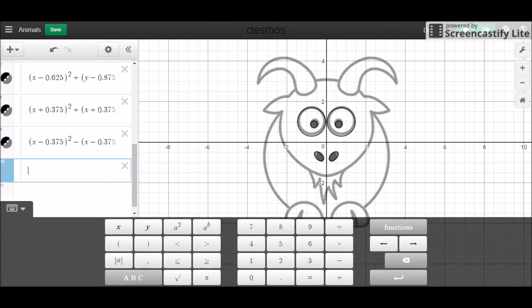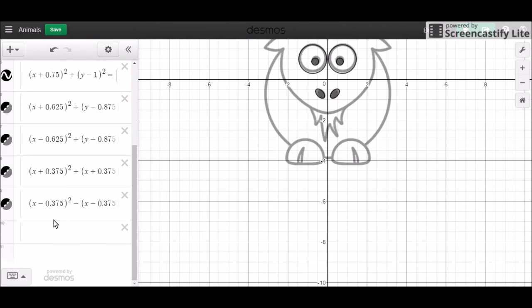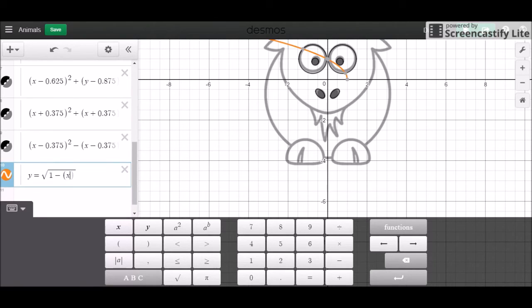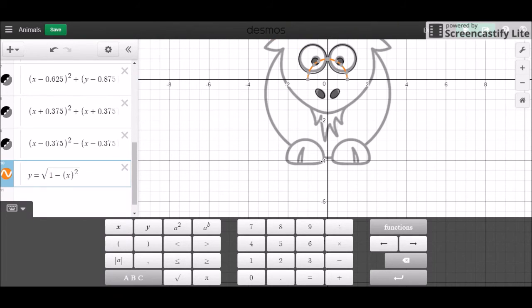So with the feet, we can start with a half circle. I'm going to move this up so I can see it when this keyboard comes up. So the feet is going to be another half circle, y is equal to the square root of 1 minus x squared, and we're going to move it over to where we want it.